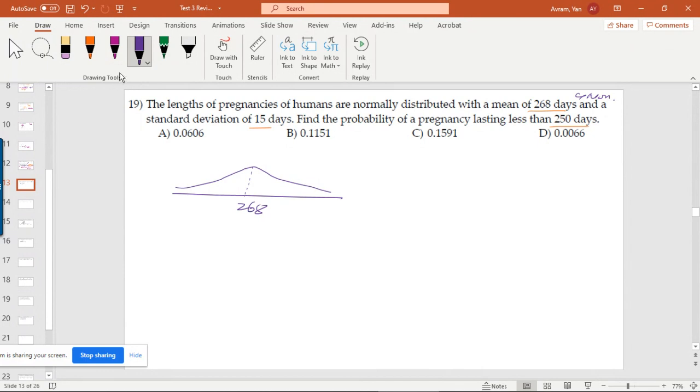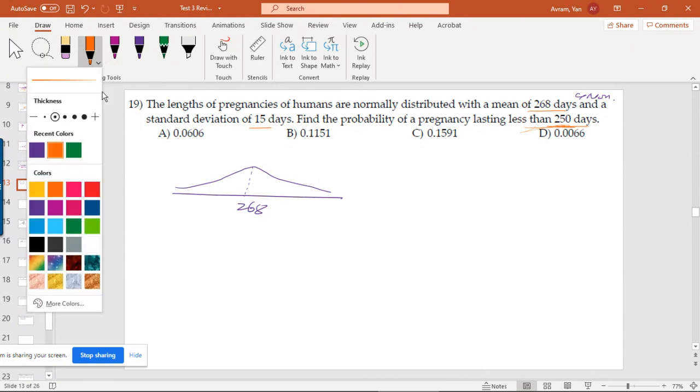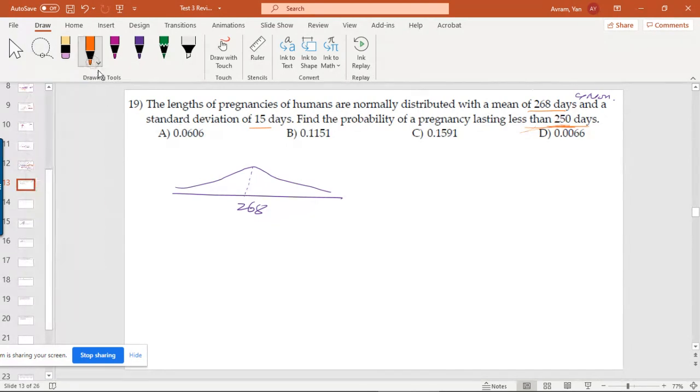But if this is less than 250 days, that means it's a little bit more than 2 weeks earlier than the average. Sometimes they call that a little bit premature, depending on how many days of the pregnancy.